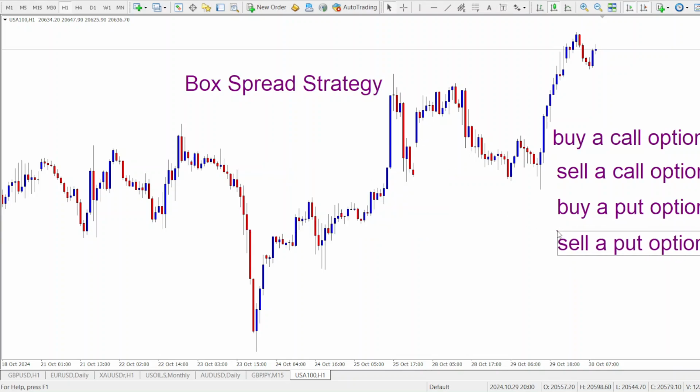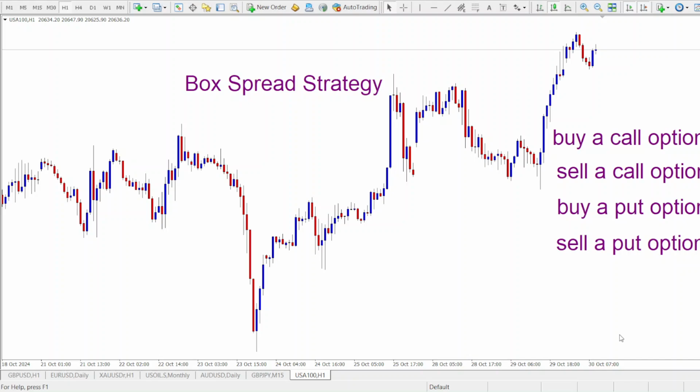These are the 4 trades you want to execute, all with the same expiration date. Now, after executing your trade, you monitor your position closely. The key here is to manage your risk and decide when to close your box spread for a profit or loss.